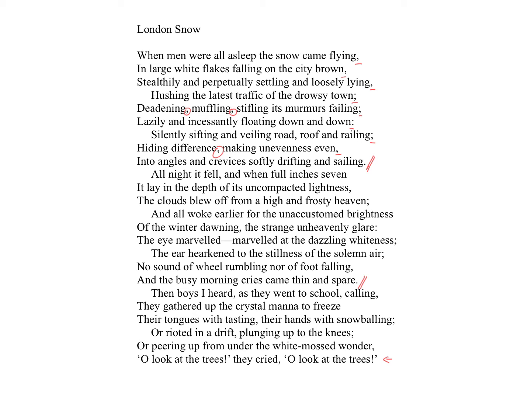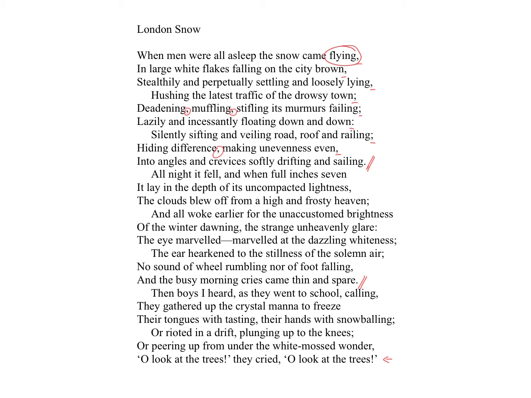If we're reading for analysis, to see how the writer has used language effectively, we might do a little circle of that verb "flying" there because it's not falling, it's flying. That might have ideas later on. So: "in large white flakes falling on the city brown."